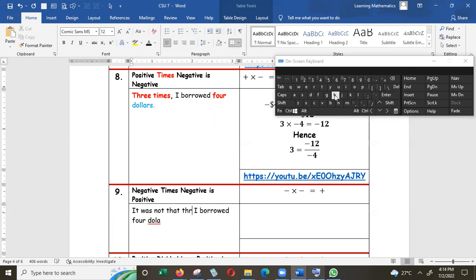It was not that three times I borrowed $4. Now, this form of speaking is not very common, okay, but it's a genuine way to phrase a sentence. It was not that three times I borrowed $4. Okay, that's a genuine sentence.